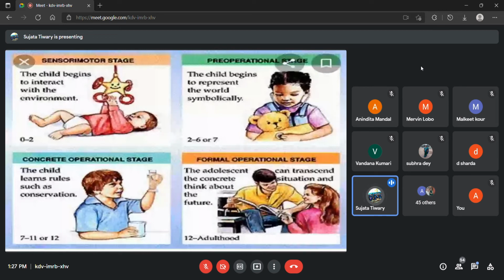They think about the future, their careers. They also react to moral and social issues.